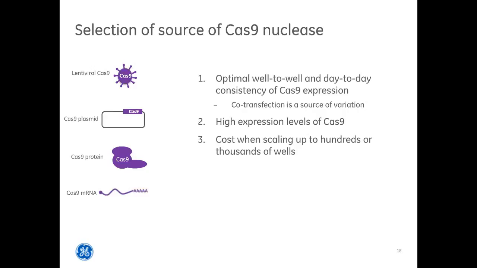You also need to ensure high expression of the Cas9, since this will generally correlate with more efficient target gene cleavage. And then lastly, like everything you do with screening, you need to consider the cost of scale-up. So although Cas9 protein as well as mRNA demonstrate really good results when delivered with synthetic guide RNAs, it would probably be cost prohibitive to use protein when transfecting hundreds or thousands of wells.